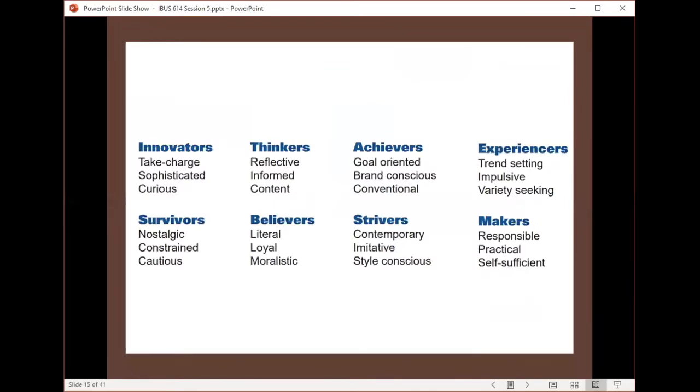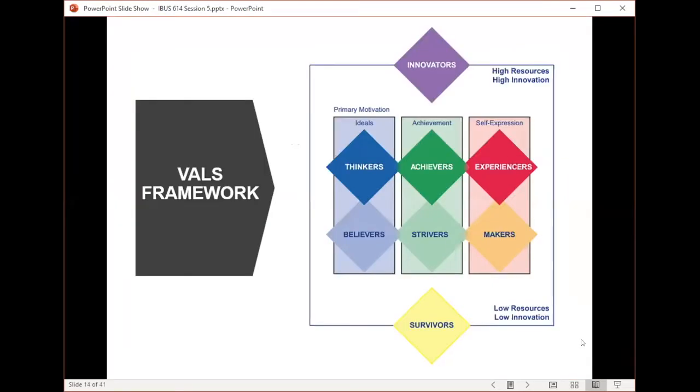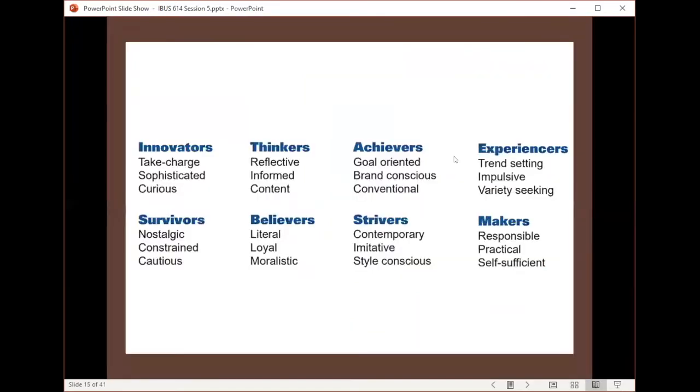So for instance, when it comes to innovators, we are saying that based on their position, given that they have high resources and exhibit high levels of innovation, at the same time, they are in the middle, so they are motivated by achievement. It means that they take charge of their purchasing process, right? And they are sophisticated in terms of their consumption.